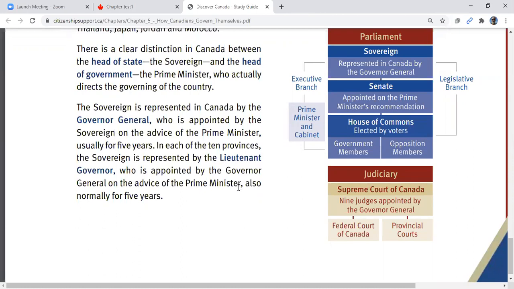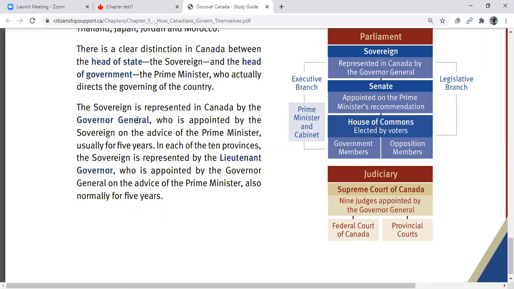The Prime Minister goes to the Governor General this time and says, Governor General, I think this person would be a good Lieutenant Governor for Ontario, or this person would be a good Lieutenant Governor for Alberta. So he does that for all 10 provinces. And again, they do that for 5 years.